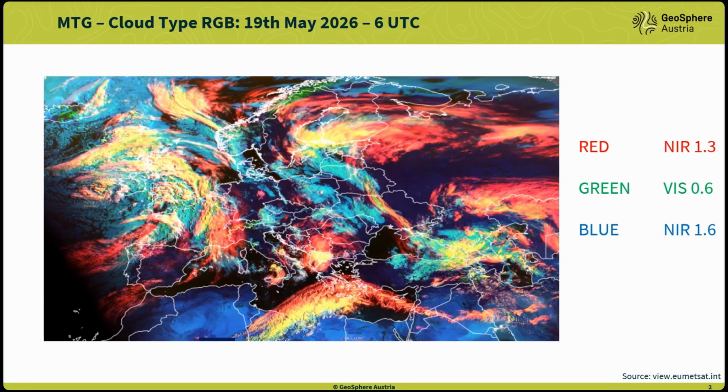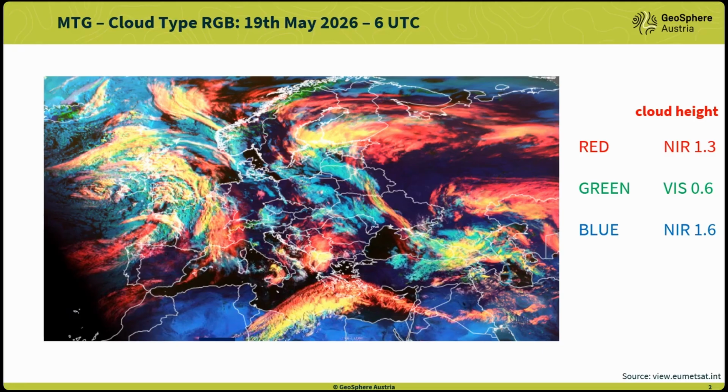So let's start with the red beam, which is near infrared 1.3. And this physically relates to the cloud height. And that means that high-level clouds have a large red contribution. And that is also one main aim of the Cloud Type RGB, monitoring or detecting thin high-level clouds.